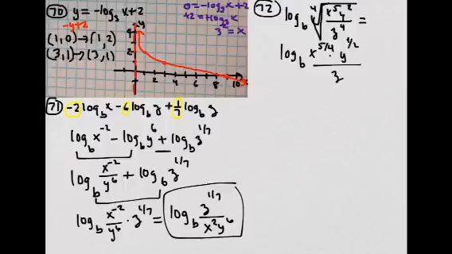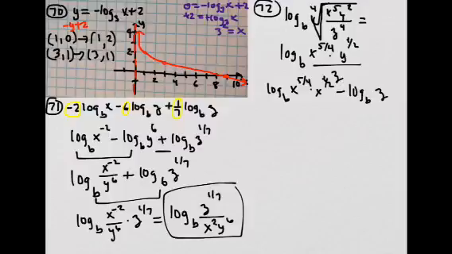So now I'm going to break up this first. Actually, I'll do the quotient. The log of the quotient is actually the difference of the logs. So this is log base b of x to the 5/4 times y to the 1/2 minus log base b of z.